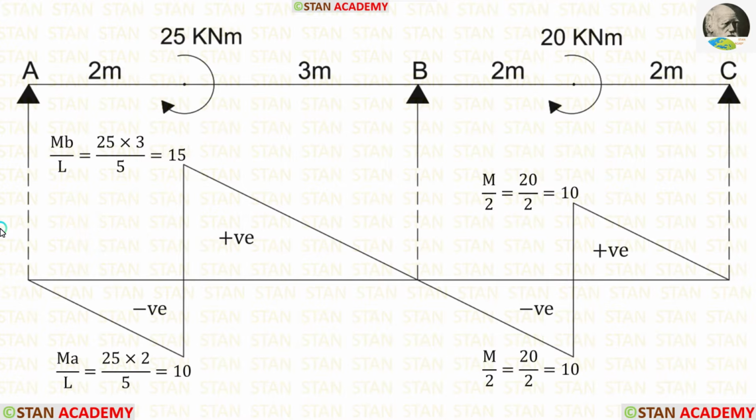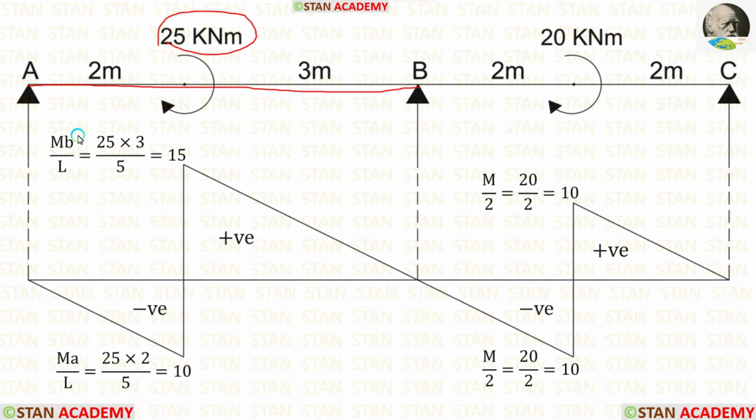Before applying the theorem of three moments, let us calculate the ordinates. To calculate the ordinates, we have to assume every span as a separate simply supported beam. In the span AB, there is a concentrated moment 25 kN meter. It is not acting on the center.